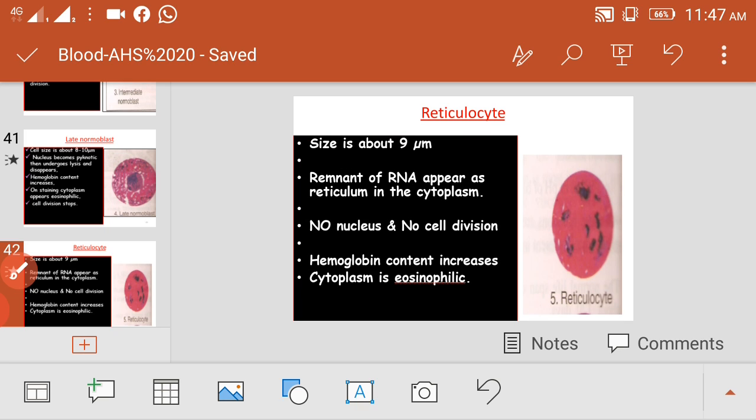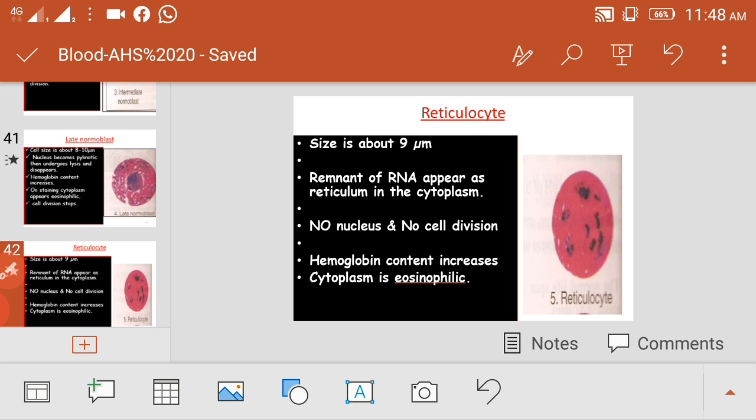Next, the reticulocyte. That is the next stage, just prior to maturation. Here the cell size is 9 micron. A little bit of remnant of RNA is present. The remnant of RNA appears as a reticulum in the cytoplasm, hence it is called reticulocyte.